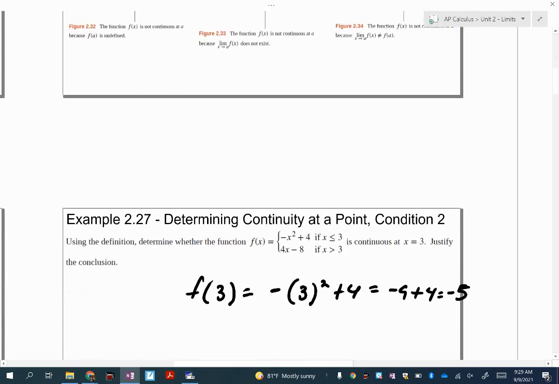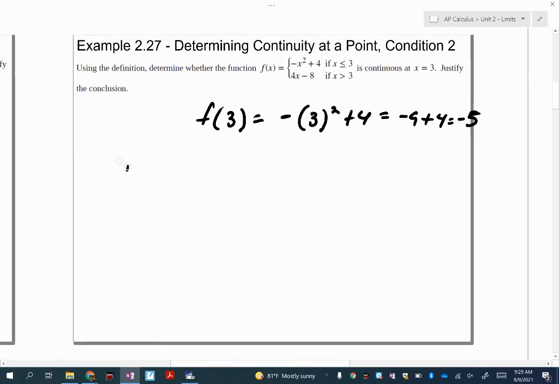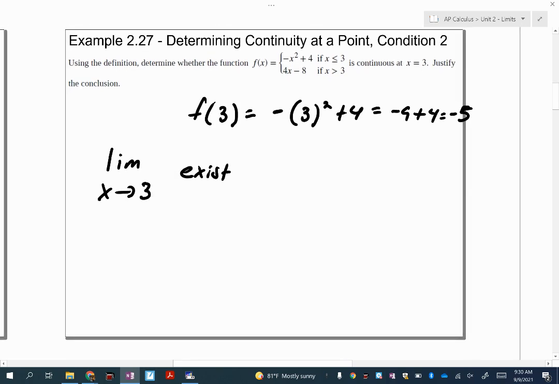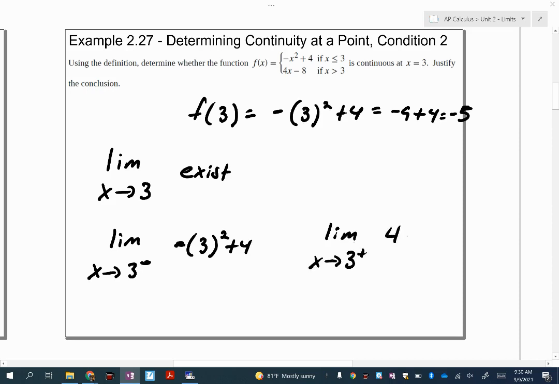But let's do condition 2, that the limit as x approaches 3 must exist. Now, we did this algebraically in a previous lesson, but when you look at the limit as x approaches 3 from the left, you're going to plug into the top piece, what we already did. And when you look at the limit as x approaches 3 from the right, you're going to be plugging it into the second piece.